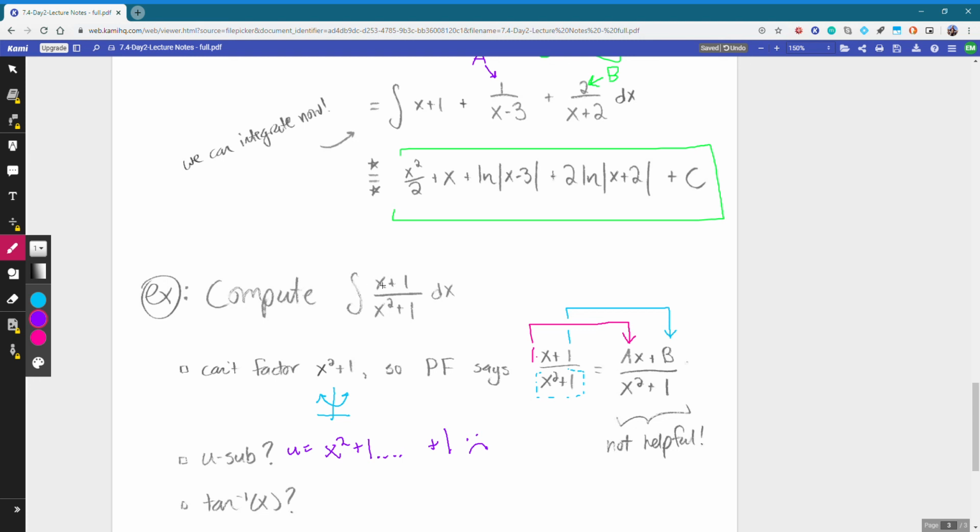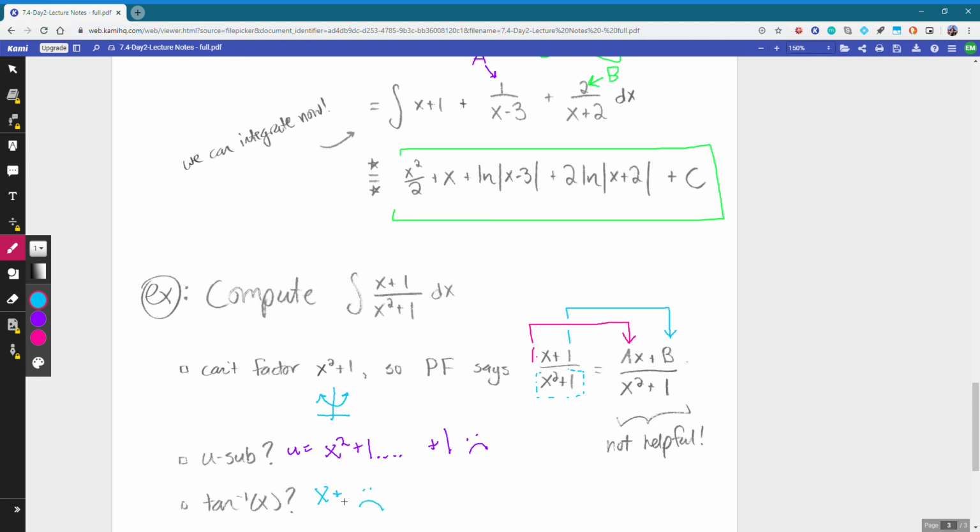If we imagine that instead this x wasn't there, if we just had 1 over x squared plus 1, well, then we'd be staring at the derivative of inverse tangent, and so things would be good. But in this case, the x plus is what's making us sad.